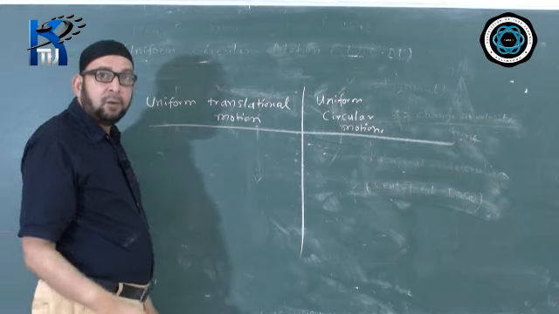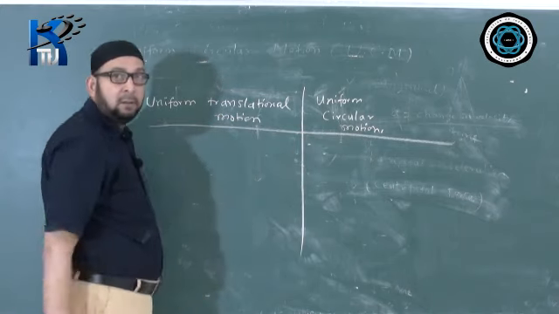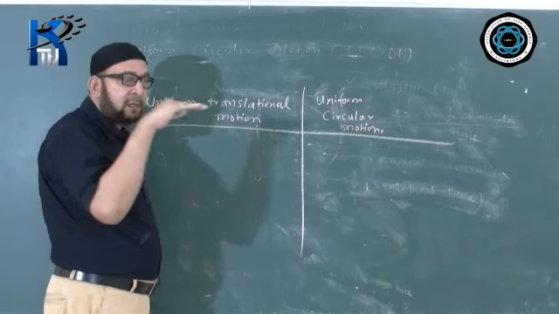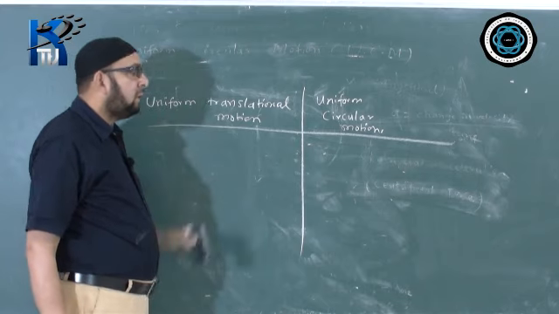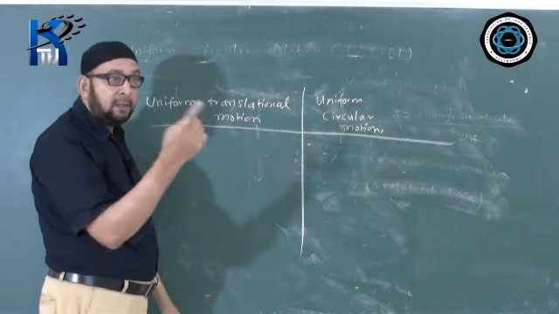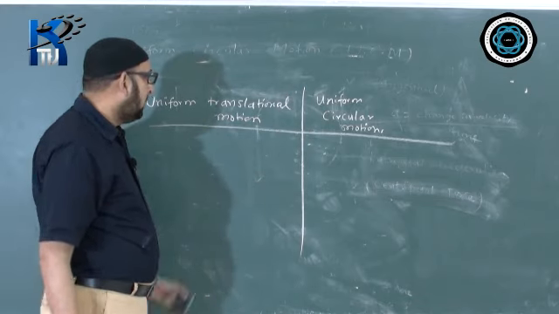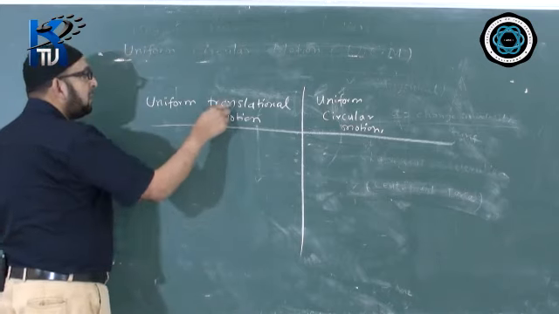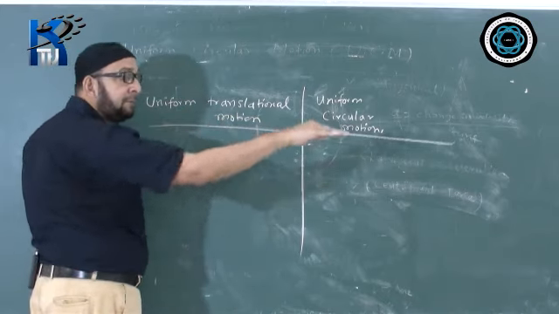We say that when a body moves with a constant speed in a straight line path, such a motion is called uniform translational motion. And when a body moves with a constant speed in a circular path, then we say it is uniform circular motion. So in case of uniform translational motion, you will find the direction also does not change. Direction also remains the same.